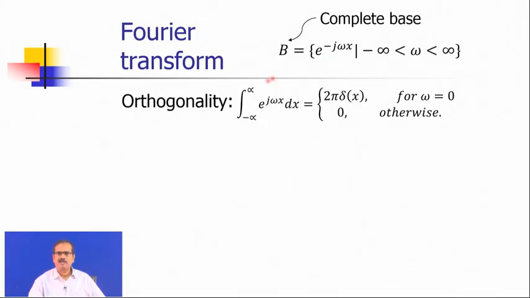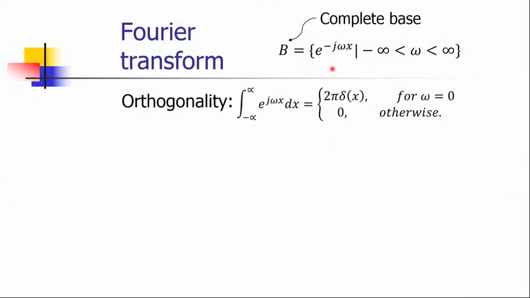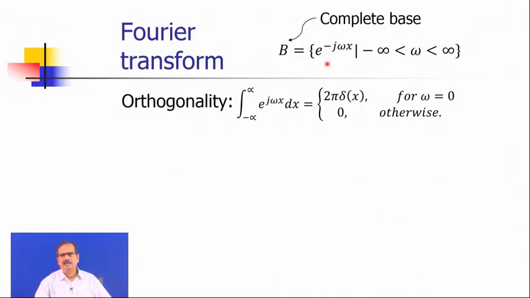So, in the Fourier transform, the set defined here is a complete base, because it can give me back this function as a linear combination of these functions. You can see that this is an infinite set, though individually every sinusoid can be distinguished here.